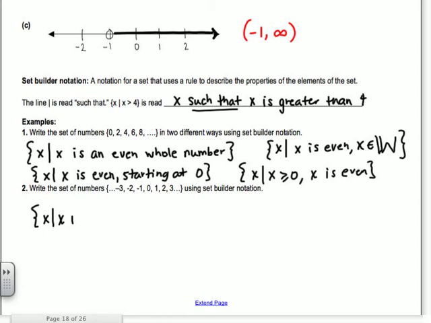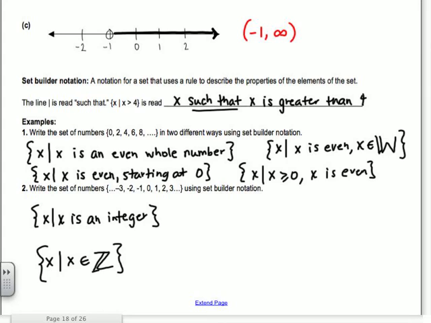Or you could say x such that x is an element of, do you remember the symbol for integers? It's Z. So x is an element of the integers. You don't have to use the little symbols, you don't have to do it that way.